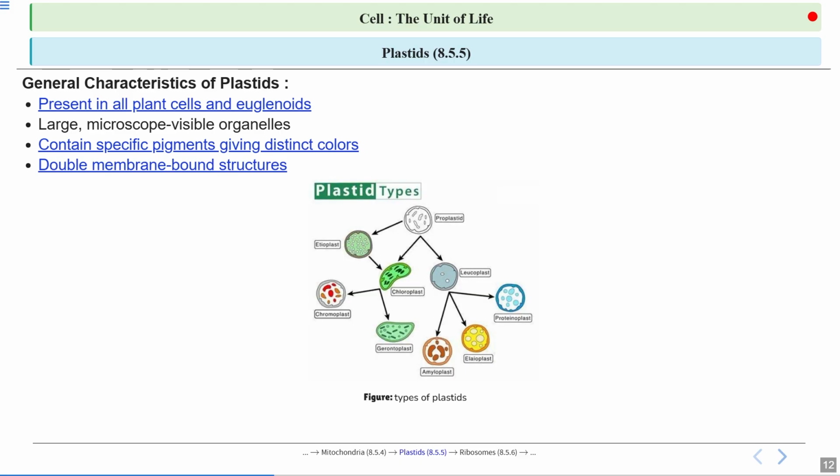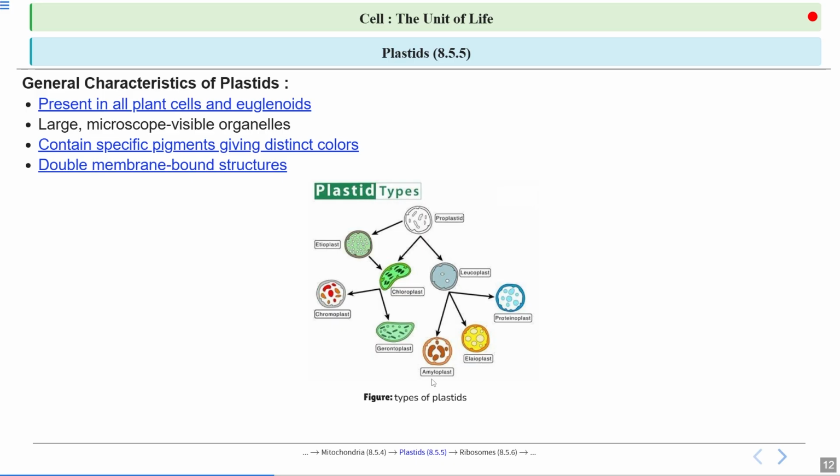These are the types of plastids you can see. These are leucoplast, common plastids: leucoplast, chloroplast, amyloplast, elaioplast. Then this is the proplastid, which can develop into chloroplast or leucoplast.